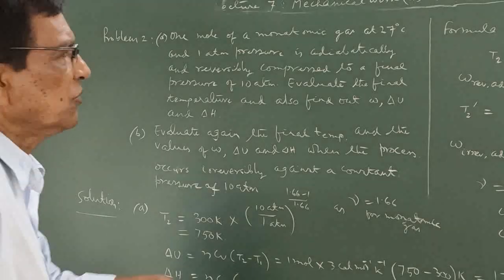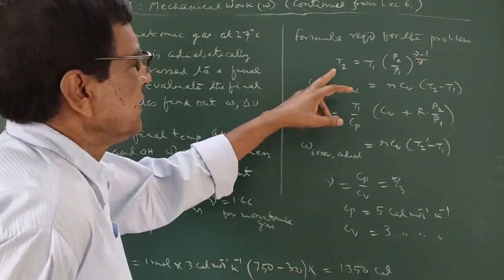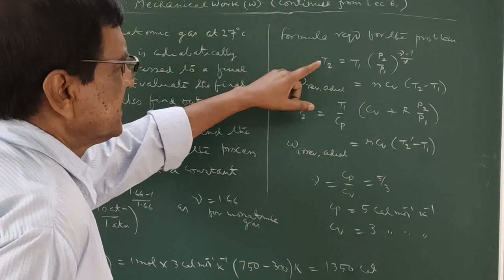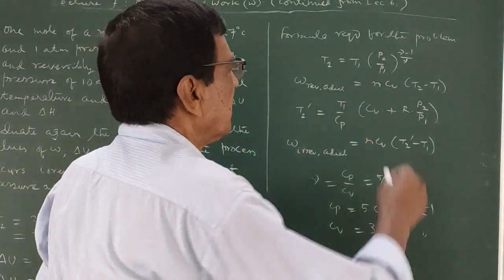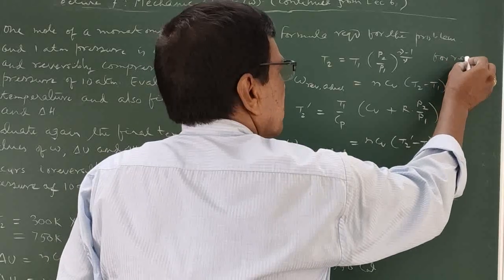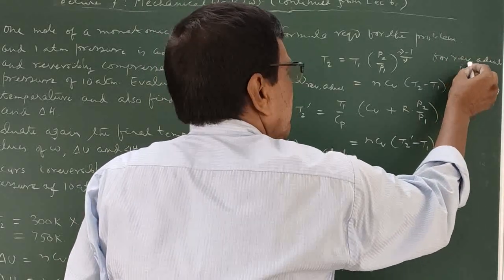And these are the required formulas to solve this problem. For this A, reversible process, T2 equal to T1 into P2 by P1 to the power gamma minus 1 by gamma, for reversible adiabatic ideal gas.